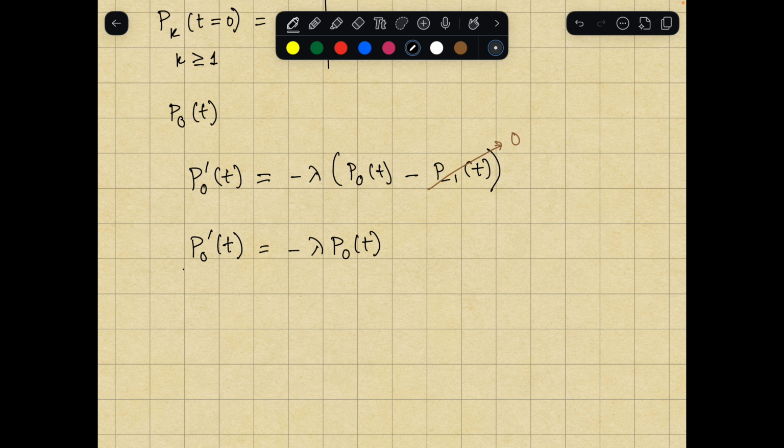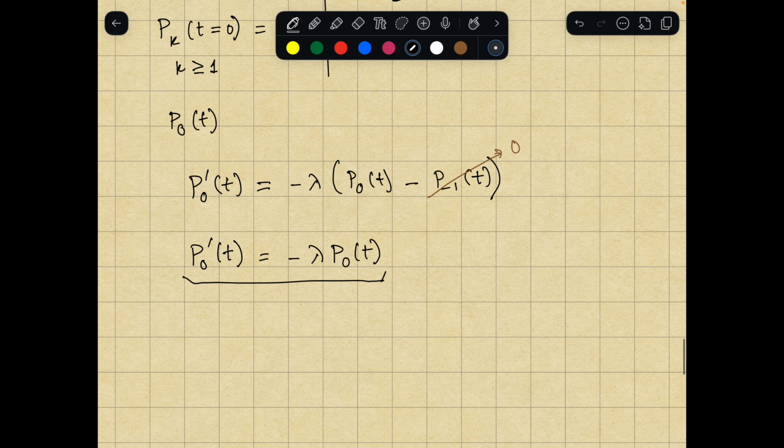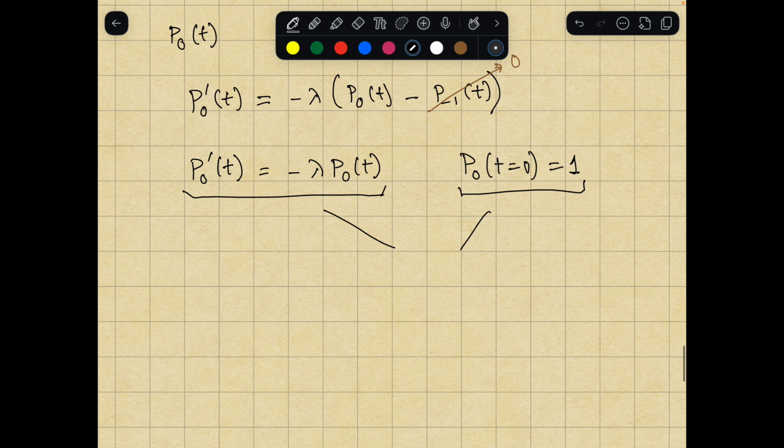Now this equation, with the initial condition that P0 at t equal to 0 is 1, gives the solution P0 of t equal to e to the power minus lambda t. This looks like an exponential distribution. Okay, thank you.